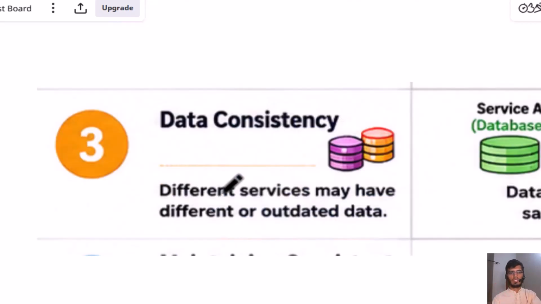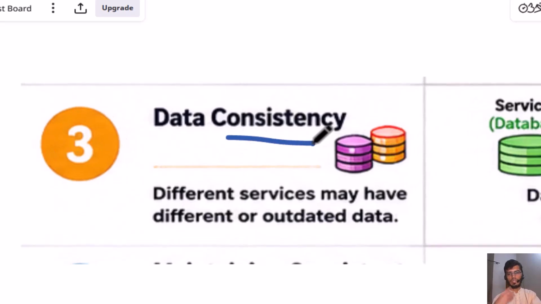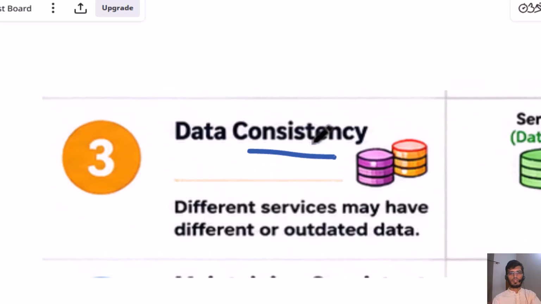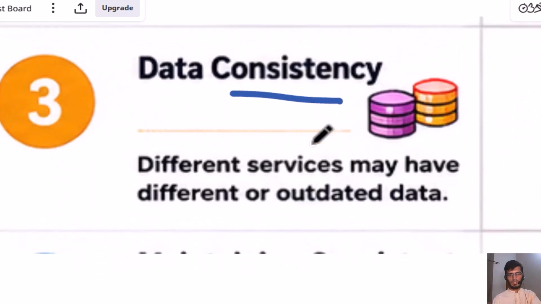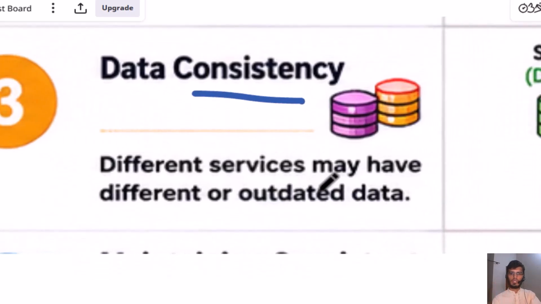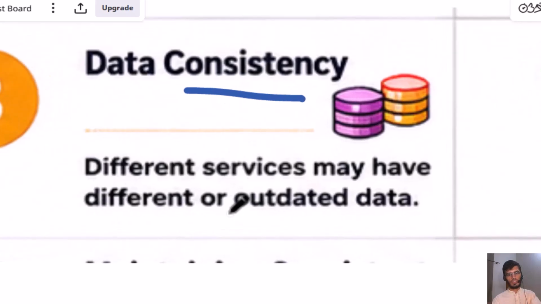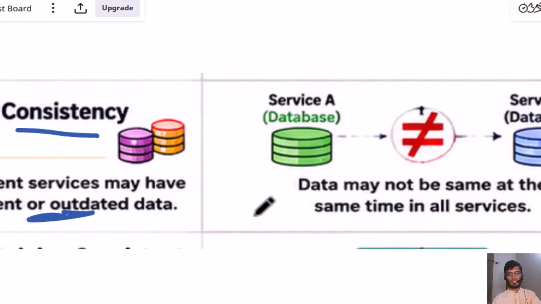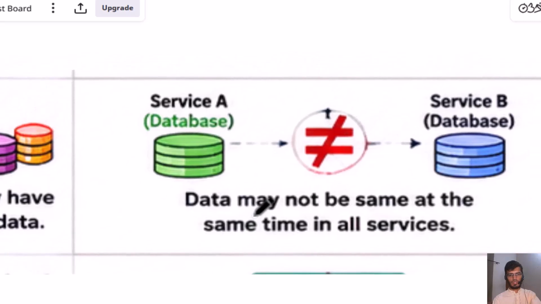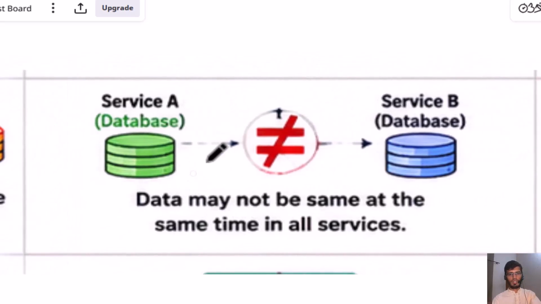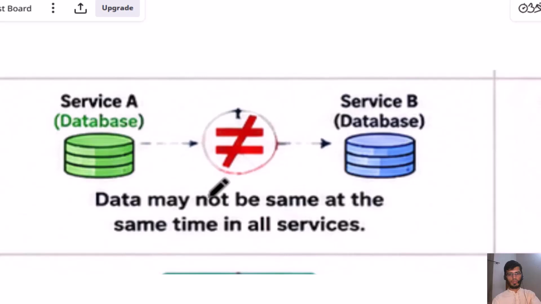Third challenge, that is data consistency. Consistency means synchronization, the same state must be present in all databases. Since different services have different databases, due to failure, data may be outdated. So for example, the data in service A's database may not be the same at the same time in all services.